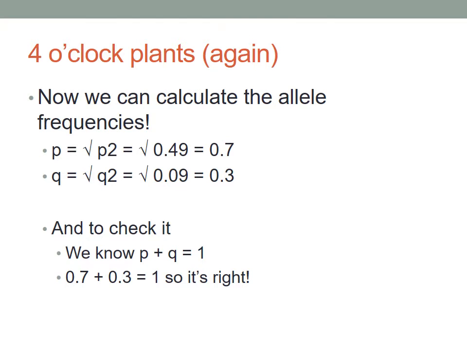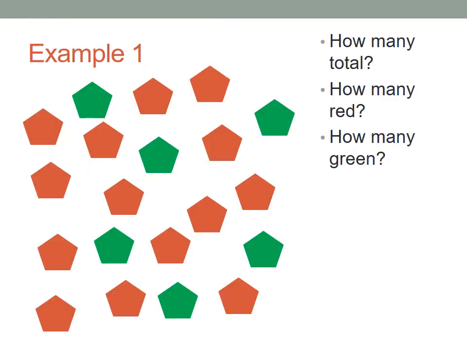Now we're going to try some new examples that we haven't seen before. For our first example here that's brand new, we have some shapes on the screen. Our shapes are pentagons. How many pentagons do you count total? And then how many do you count that are red? And how many do you count that are green?